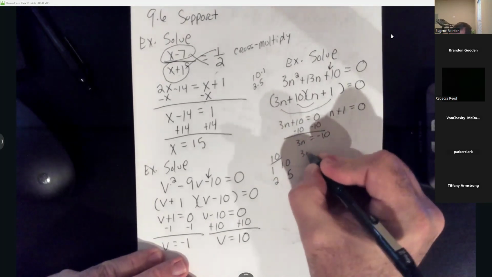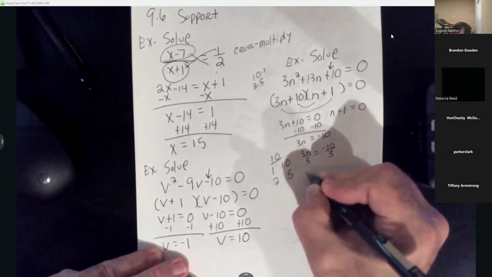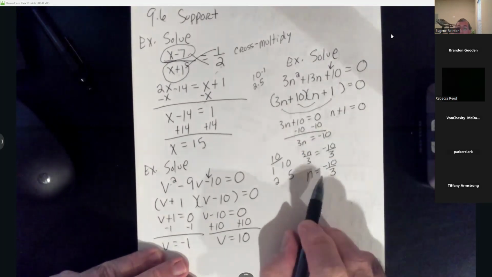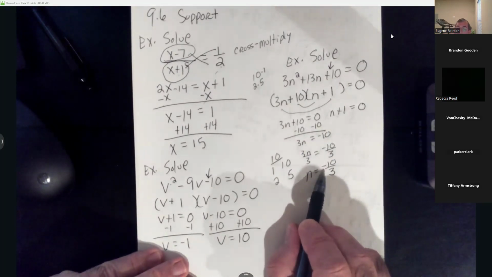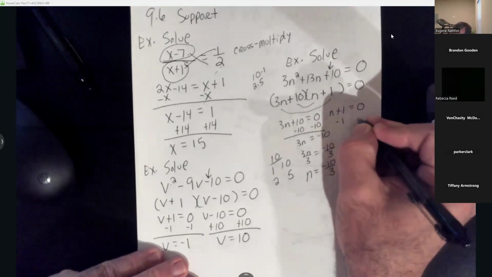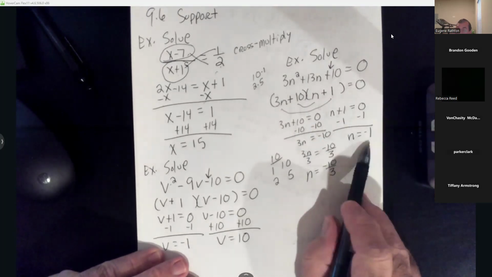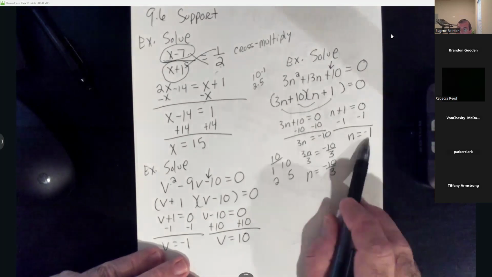And then I'm going to divide by 3. So that cancels, and I get n is a negative 10 thirds. So the quadratic formula calculator would have gave you negative 10 thirds. And then over here, all you had to do was subtract 1 and get a negative 1. So the quadratic formula would have gave you the two final answers, okay?